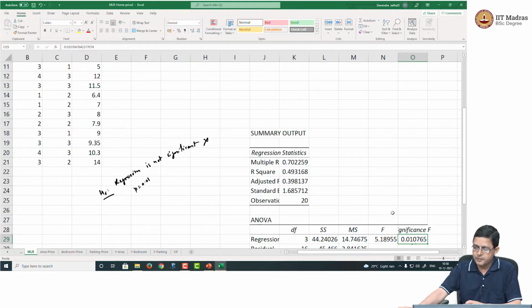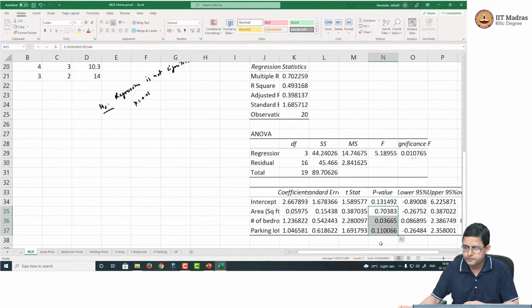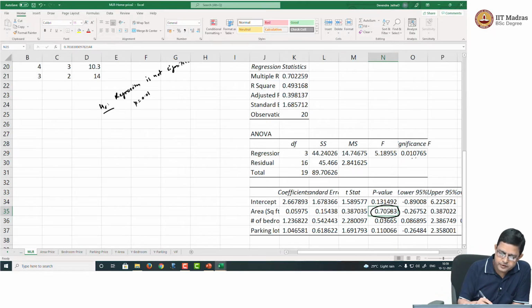The funny part comes when you look at the individual beta values. Okay, what does this p-value correspond to? This p-value corresponds to the very specific null hypothesis that that particular beta, not beta 0, let us erase this.